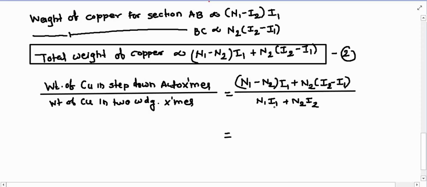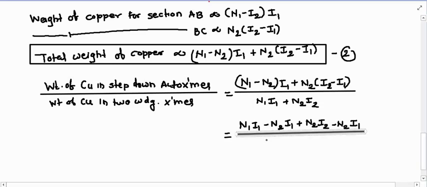Sorry, I will simplify this first of all: N1 I1 minus N2 I1 plus N2 I2 minus N2 I1, divided by N1 I1 plus N2 I2.